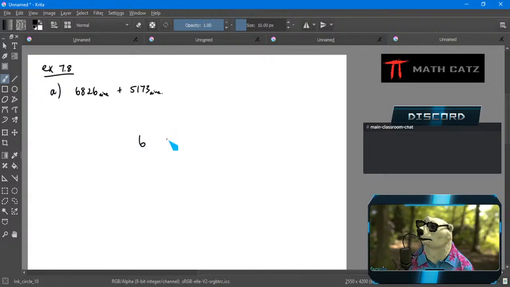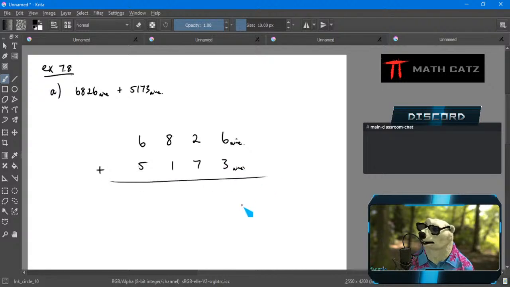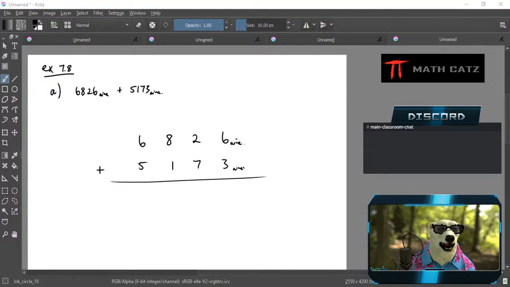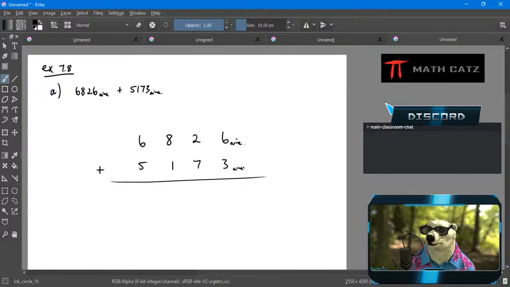I line everything up, give myself some nice space to work. Nothing is going to change in the method. I just have to now be very aware that I'm counting in groups of 9. Groups of 9.